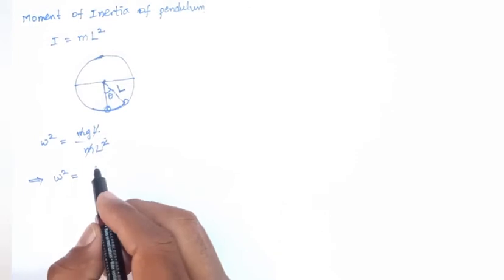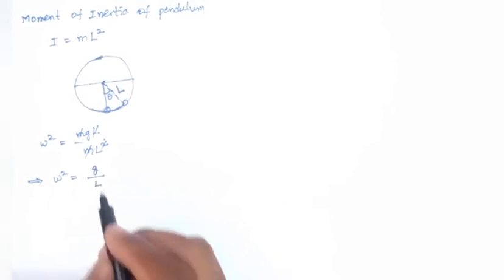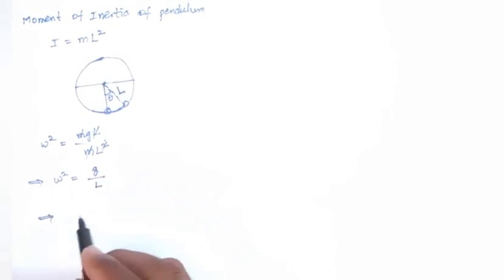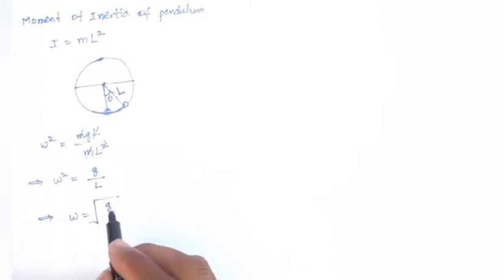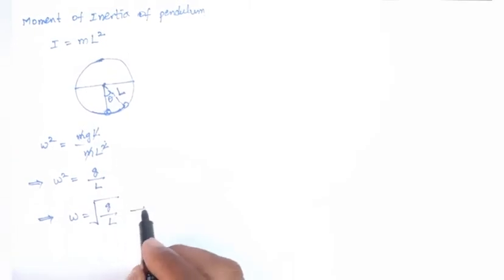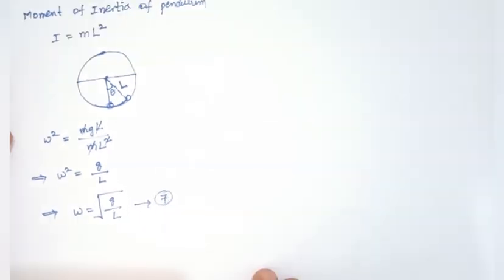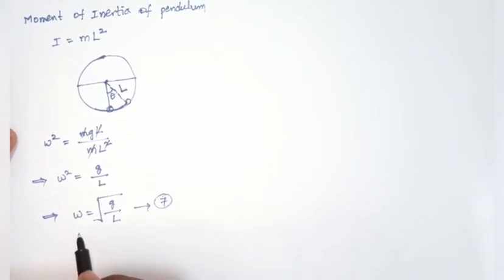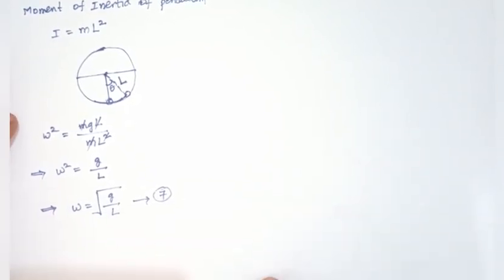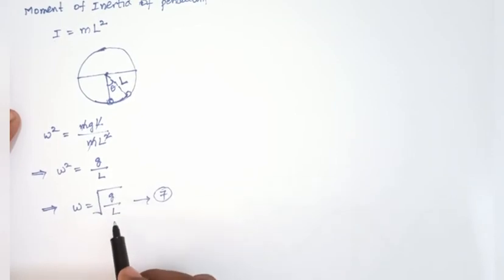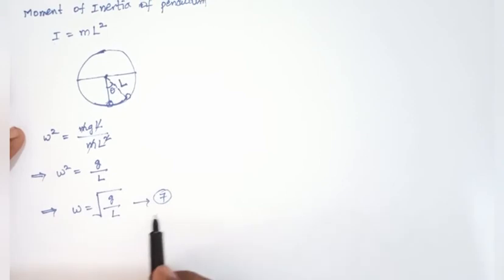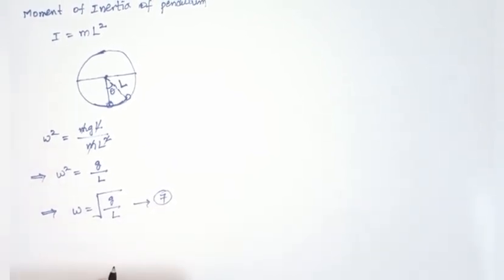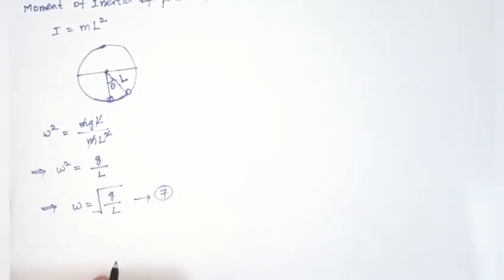Then we can write omega square equals g by L. That implies omega equals under root of g by L. This is equation number 7, which denotes the angular frequency of the simple pendulum.